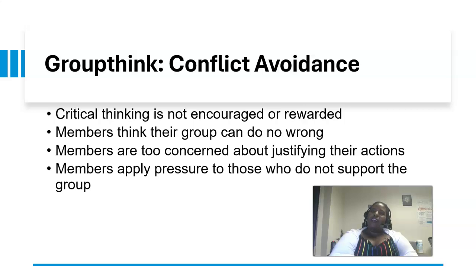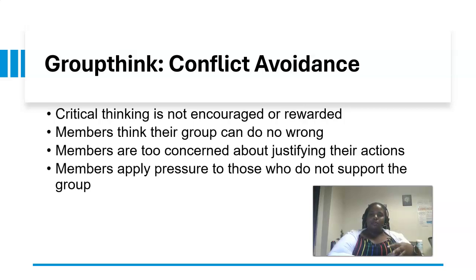We don't want anyone to feel peer pressured into making a certain decision. Members can think that their group can do no wrong, or members are too concerned about justifying their actions, or some members apply pressure to those who do not support the group.